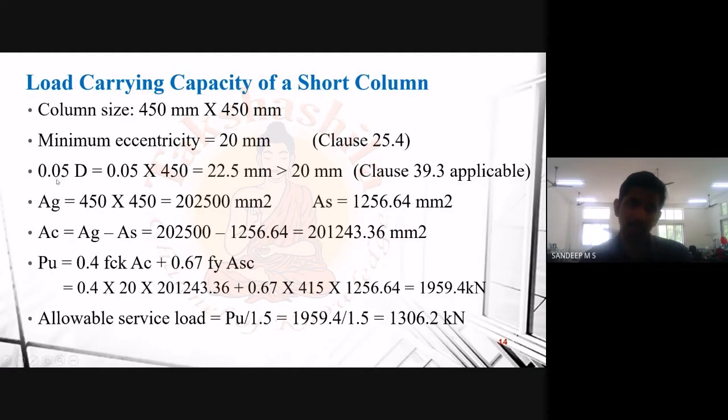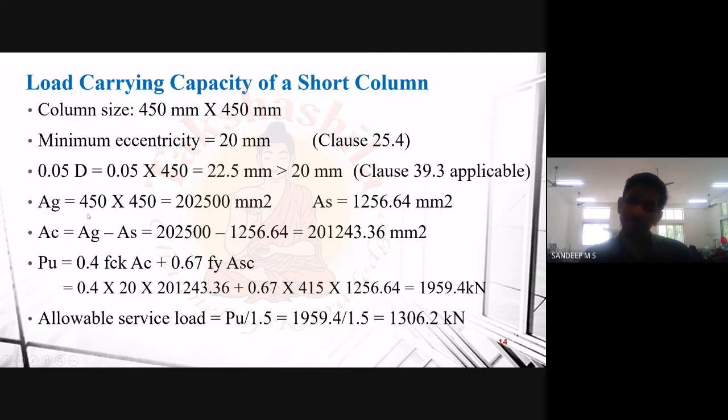So we will calculate the value of 0.05 times the lateral dimension. In this case it is a square column, so 0.05 times 450 is coming around 22.5. So this is a larger value than the minimum eccentricity. So our condition is actually satisfied. So we have this clause satisfied.